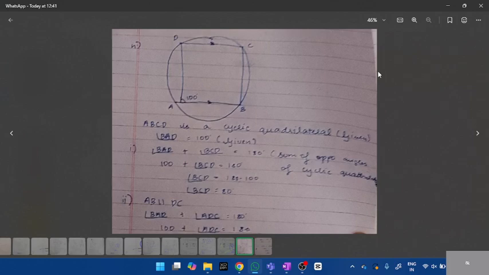BAD plus BCD is 180, sum of opposite angles of a cyclic quadrilateral. Okay, correct.